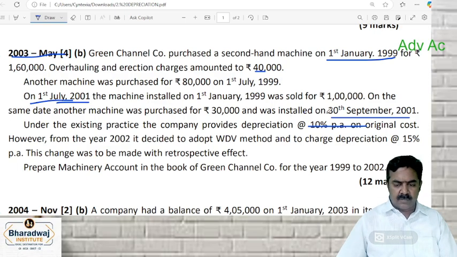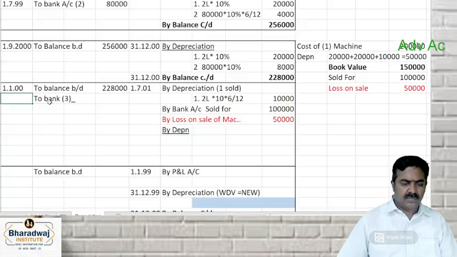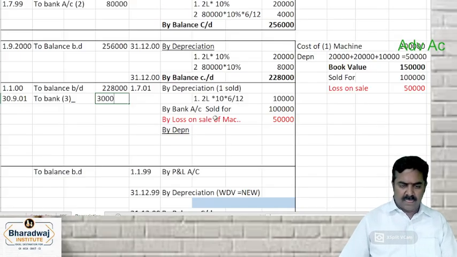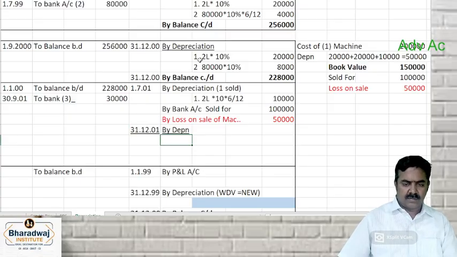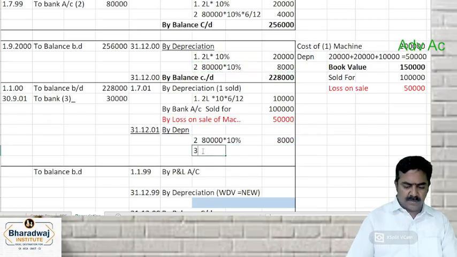The third machine we are buying on 30th September, installed on 30th September. So from the date the installation is complete, you can charge depreciation. Third machine is purchased for how much? 30,000. So on 31/12 when charging depreciation, the second machine's depreciation comes as it is. Third machine is just purchased: 30,000 into 10% for how many months?